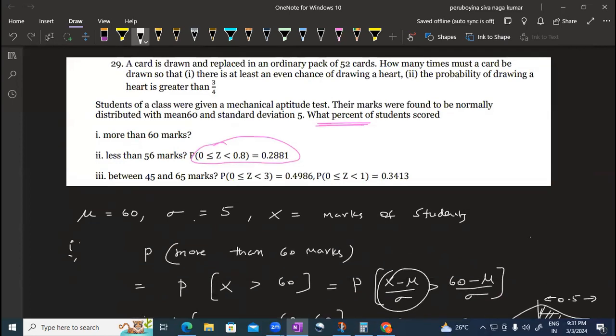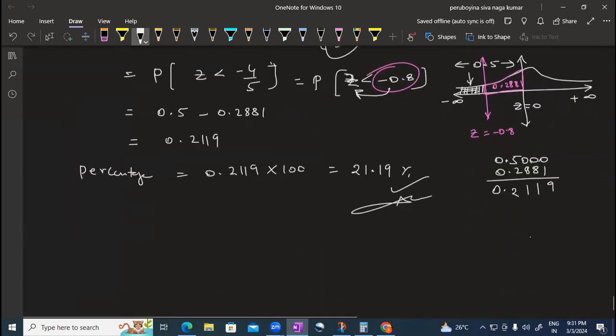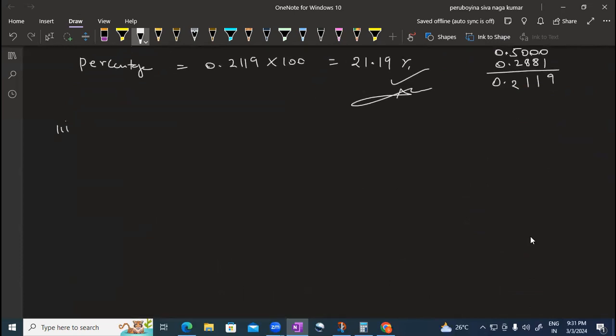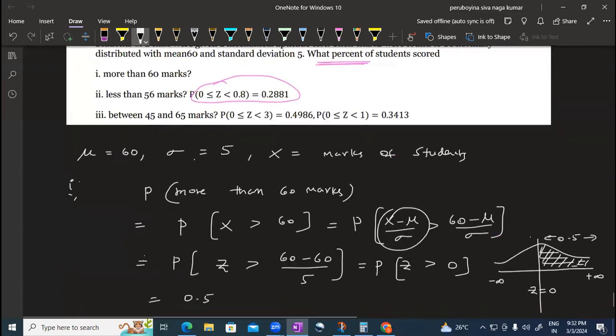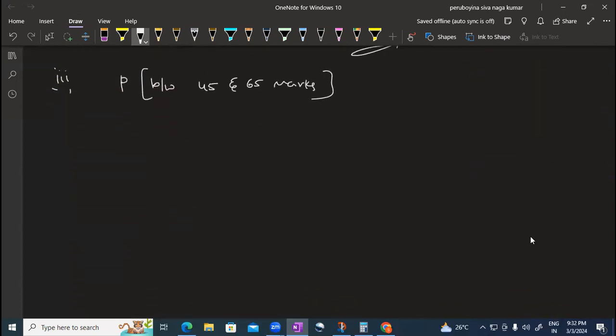And the third question says between 45 and 65 marks. The probability between 45 and 65 marks. So you can write 45 less than or equal to X less than or equal to 65. Whether the endpoints are included or not is not a problem; both represent the same.